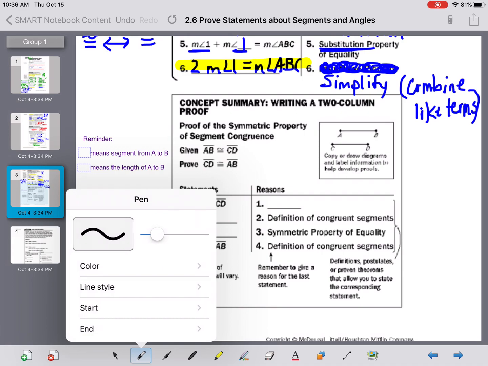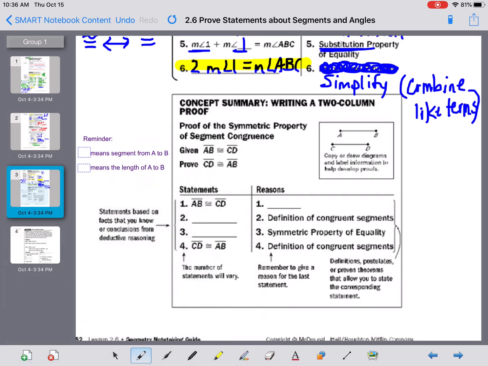A couple things here. I need to fix my margin because it doesn't look like I want. Just a reminder, segment AB has a line above it, right? If I just put AB without a line, that means it's the length from A to B, okay? Segment has the line above it. The length does not have the line above it, okay?